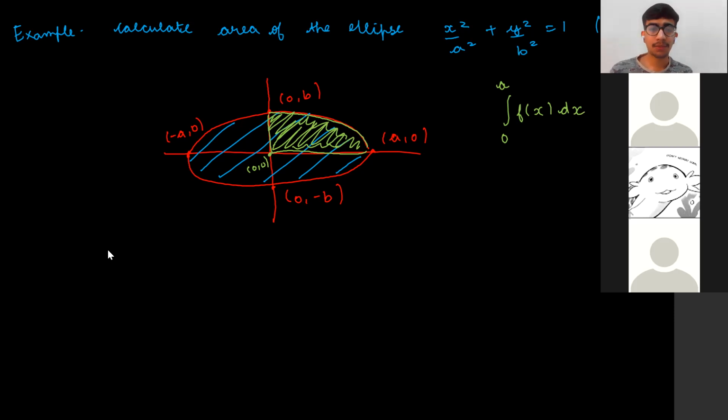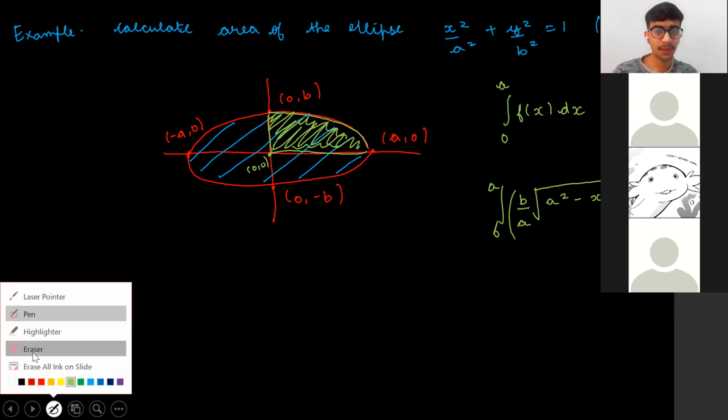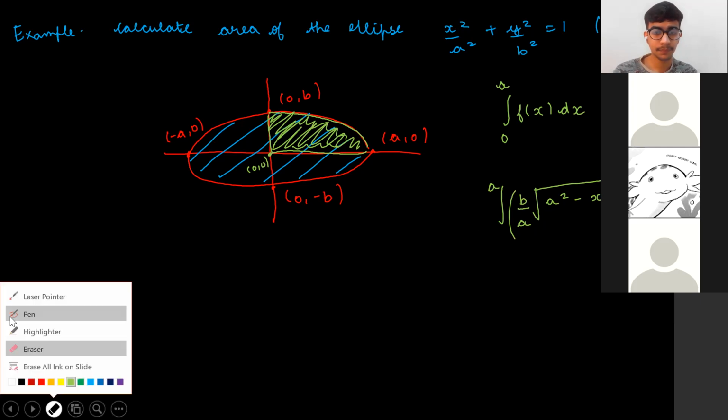So I think you know how to calculate the integral of that. Direct formula: b by a becomes a constant, so b by a comes out of the integral, and you have a formula for square root of a square minus x square.